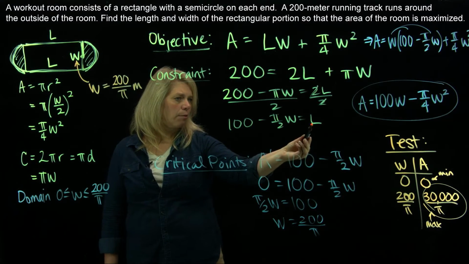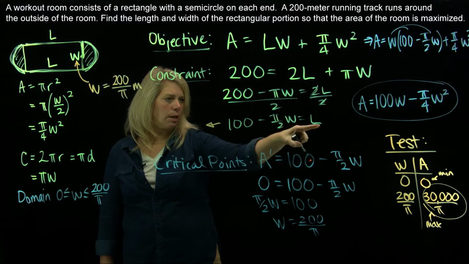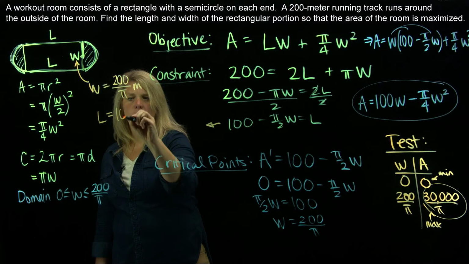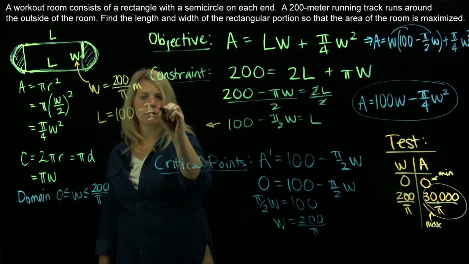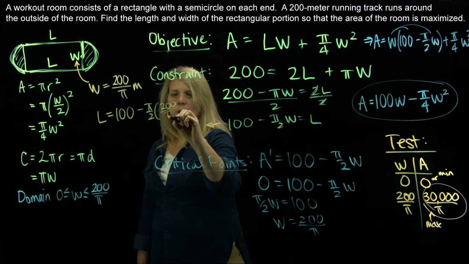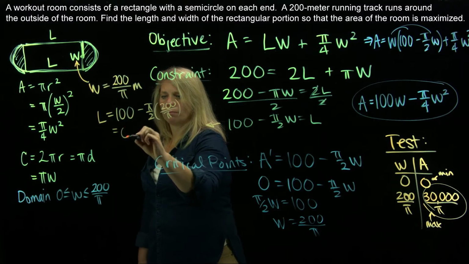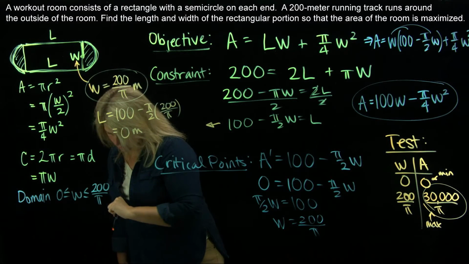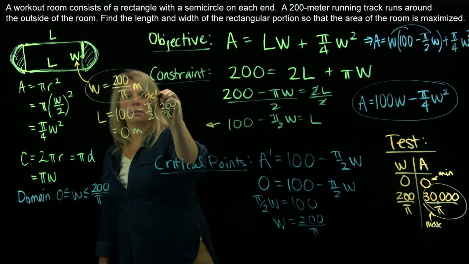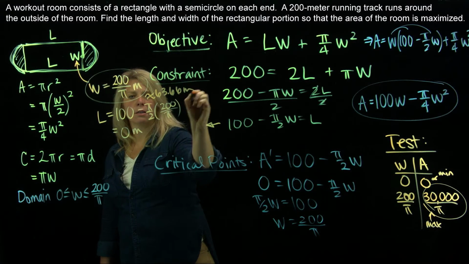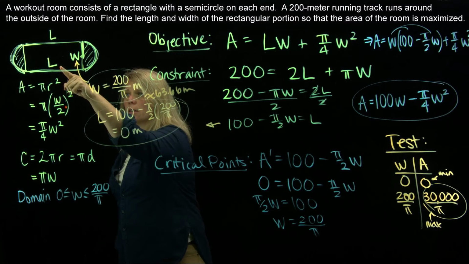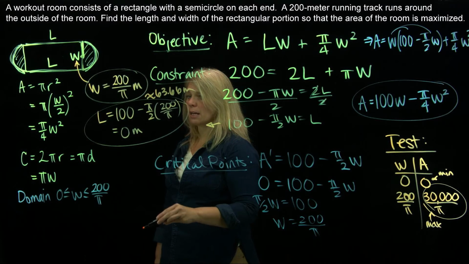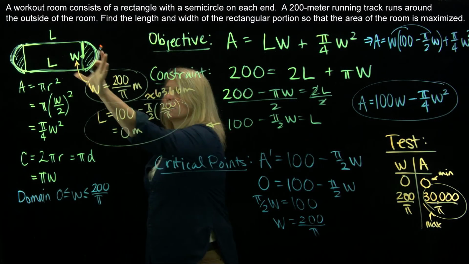When I put 200 over pi into my equation here that relates L to W, we'll get that L equals 100 minus pi over 2 times 200 over pi, and we'll get 0. All right, so width 200 over pi meters, decimal approximation for that is about 63.66 meters. Length 0 meters. So what does that mean in terms of the room? It means that it actually is a circular room. If you want to maximize area, you end up with a circular room that you shrink this L down to 0.